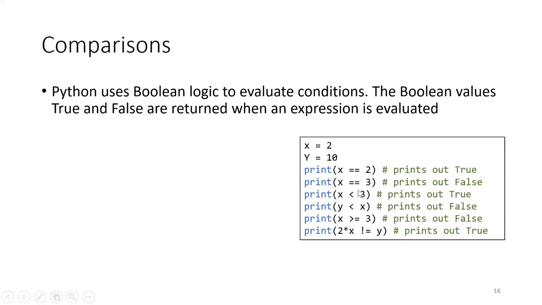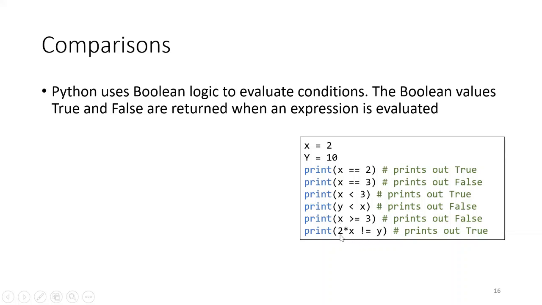And checking if a variable is smaller than some value or greater than or equal to is simple. It's like the mathematics we have learned at school. And we need not only have variables, we can have expressions that are compared to other expressions.